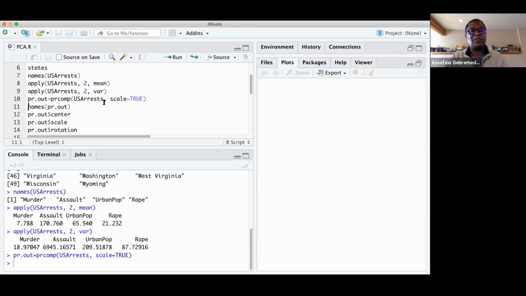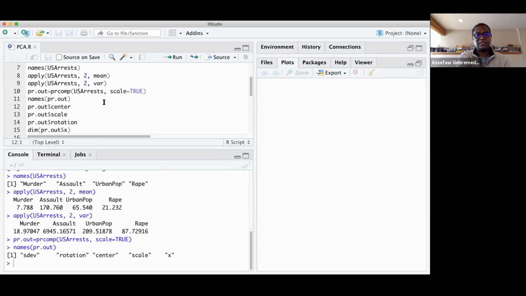Now we can get some information about the principal component result that we just evaluated. We could write names just like for any other variable, and we get some information around it. These are internal names R uses: standard deviation, rotation, center, scale, and X. These are the ones that we get about what we just computed.